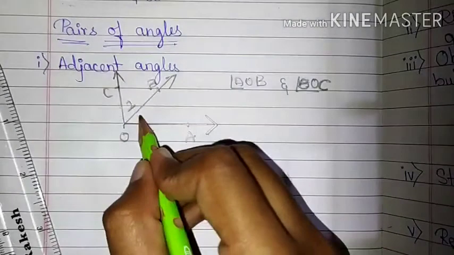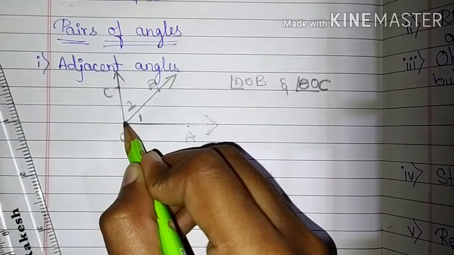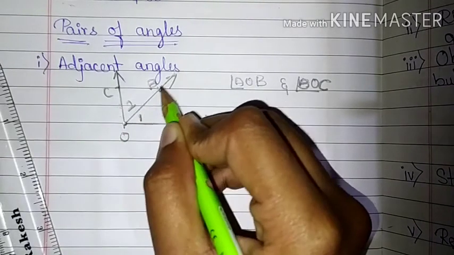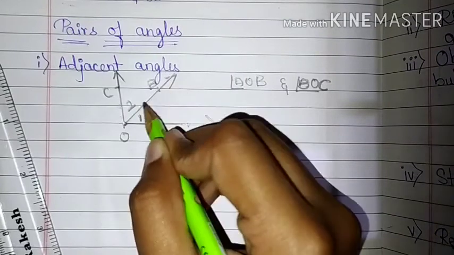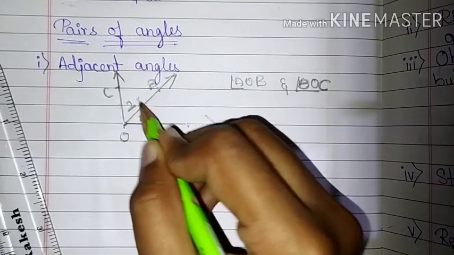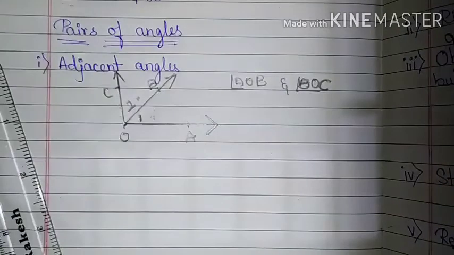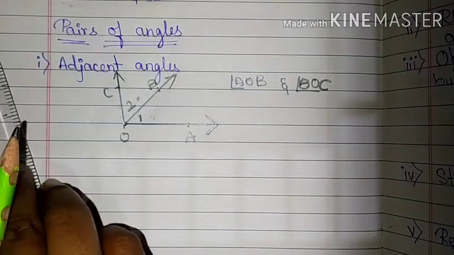These angles have a common vertex as well as a common arm between them. They are neighboring angles. They lie side by side. So these kinds of angles are known as adjacent angles.